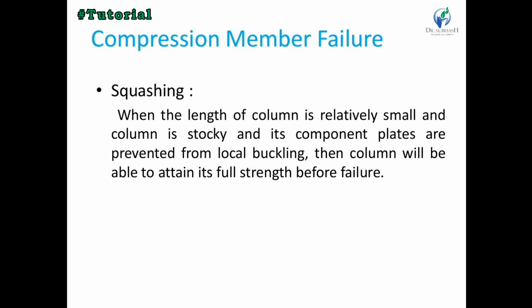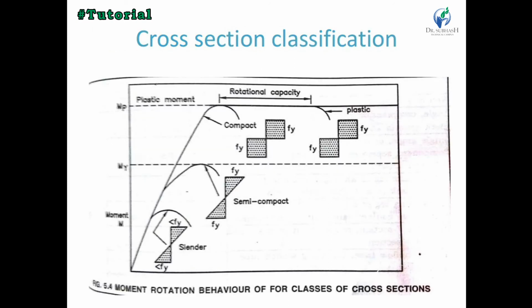The squeeze load is the yield stress multiplied by the cross sectional area, so it is directly proportional to the cross sectional area of the section used to resist the compression force. These three types of failure are covered in our design criteria, so we can find a safe section to resist compression force.